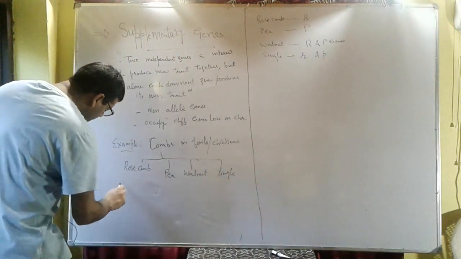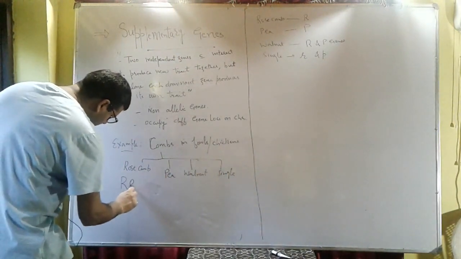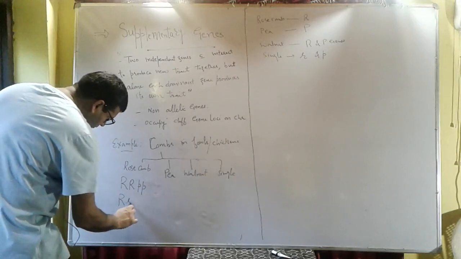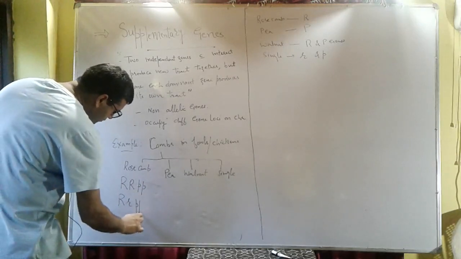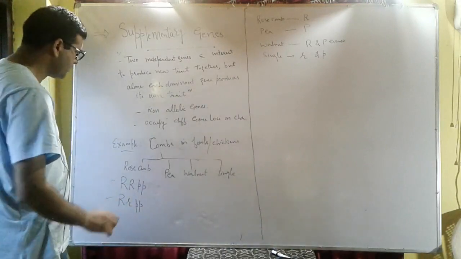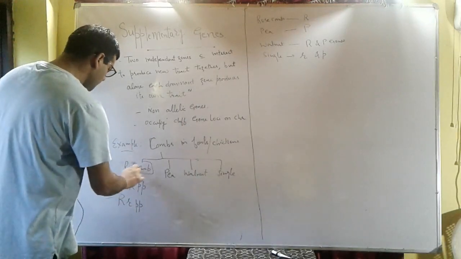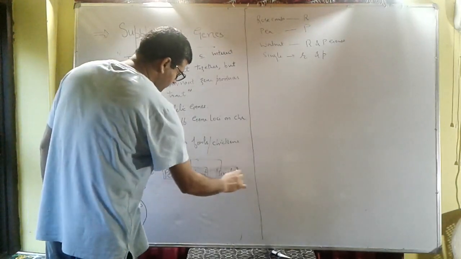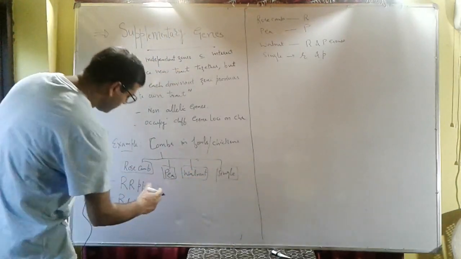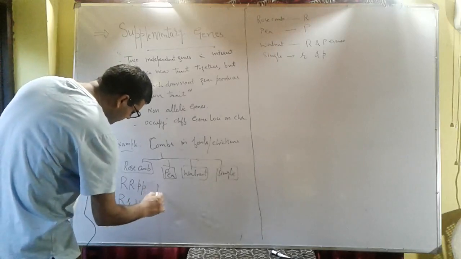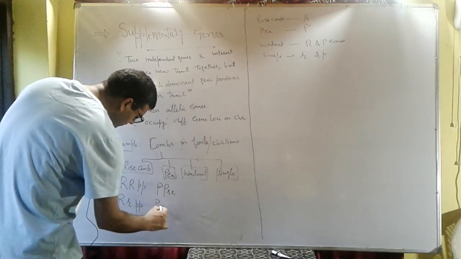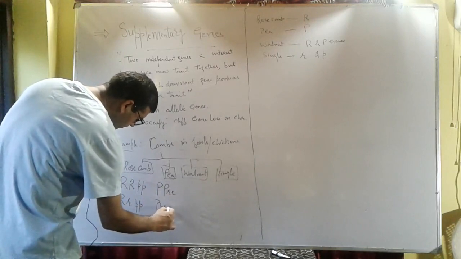So it would be like this. Rose comb would be capital R, small p, capital R, small p. So this is the genotype. And pea comb genotype would be capital P, small r, capital P, small r.